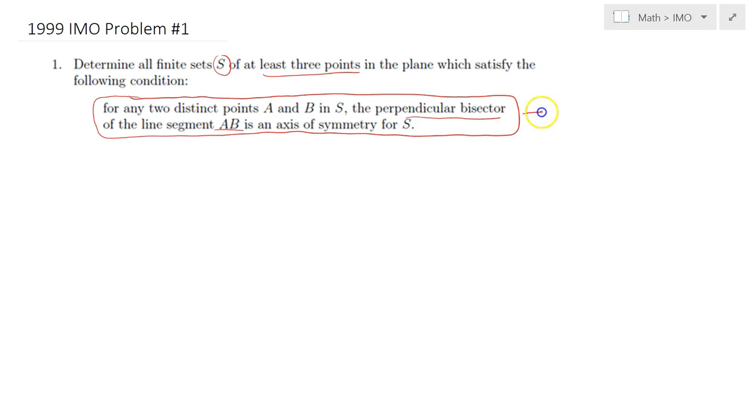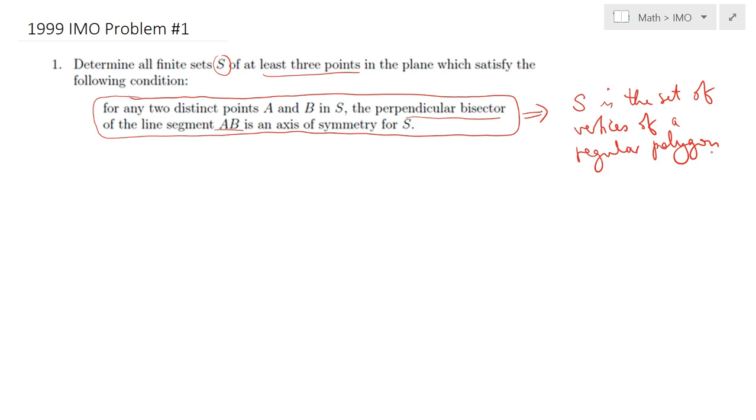I claim that if this condition is satisfied, then S is simply the set of vertices of a regular polygon.